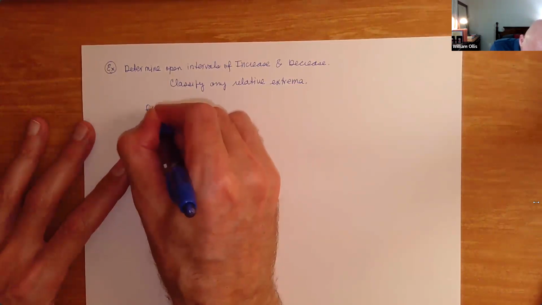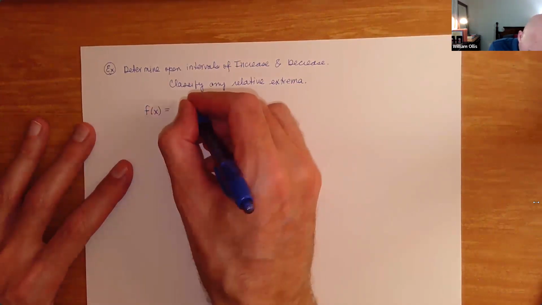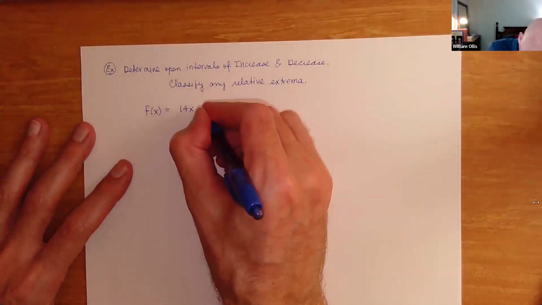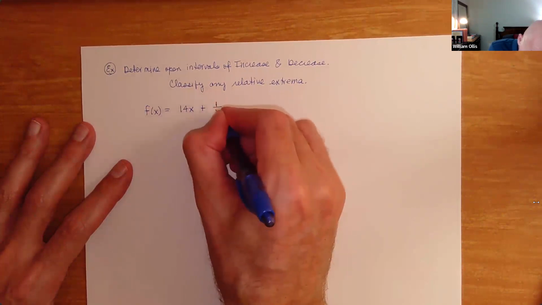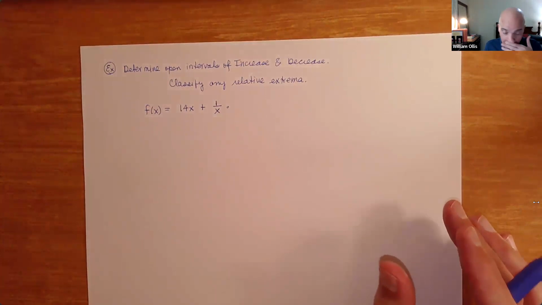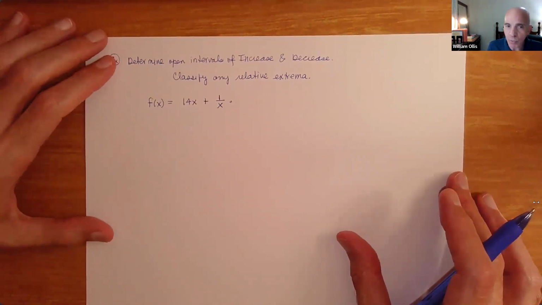This is algebraic completely. So we have f of x is 14x plus 1 over x. So again, there is no domain of definition for this one. And so we want to analyze this just like we did the last one.